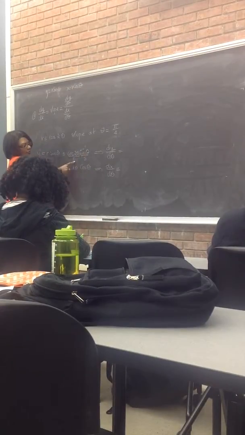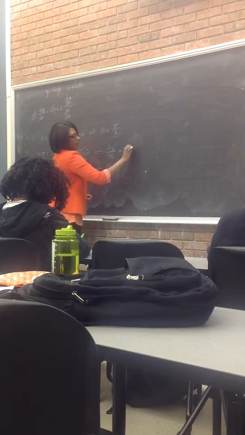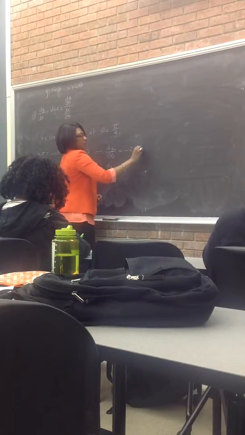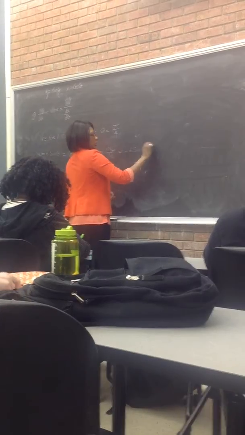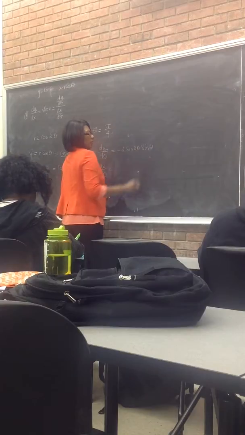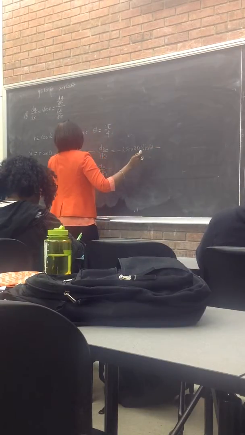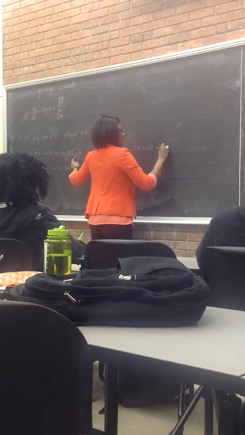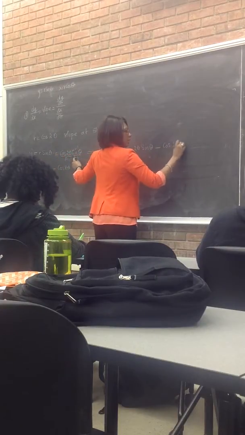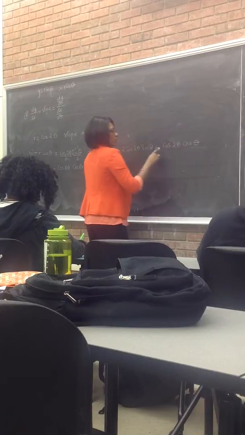The derivative of the first would be negative 2 sine 2 theta, times the second function, sine theta. Then the first function times the derivative of the second, which is cosine, so I'll write cosine of 2 theta times cosine of theta. And I put a plus in between.